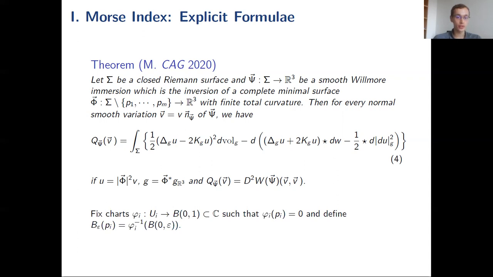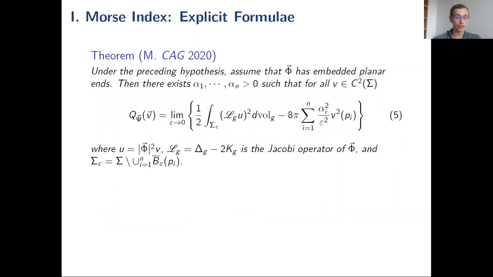So the idea is to remove small disks on sigma near the ends, and then in this case we can apply the Stokes theorem to express the last quantity, this exact form, and you get a limit which is well defined because the previous expression was well defined.